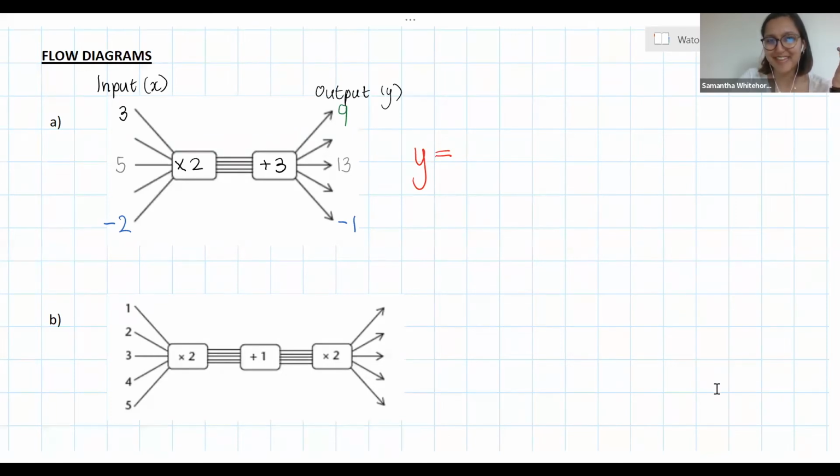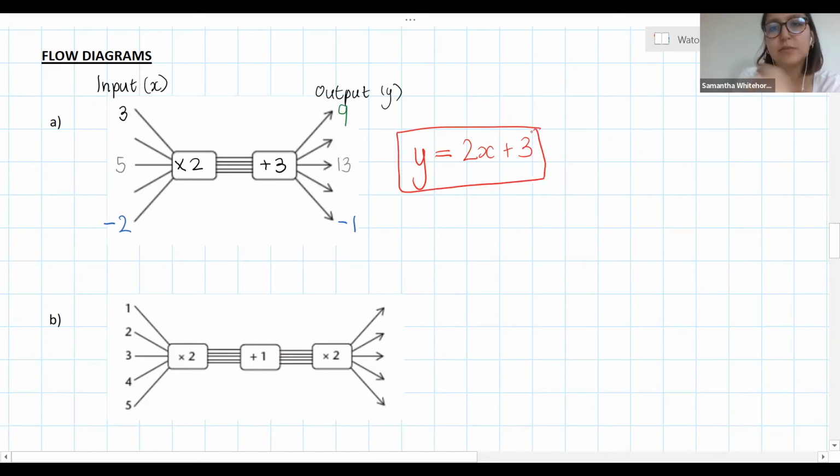Ma'am, I think it's y equals x times 2 plus 3. Excellent. So guys, remember x times 2 we can write as 2x plus 3. Well done. Thank you, Kanya. So that would be the equation that gives us this flow diagram.